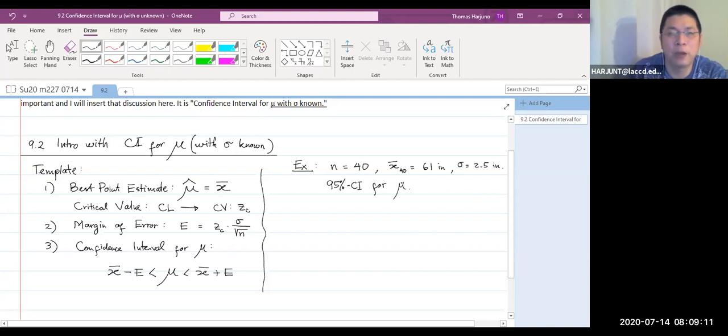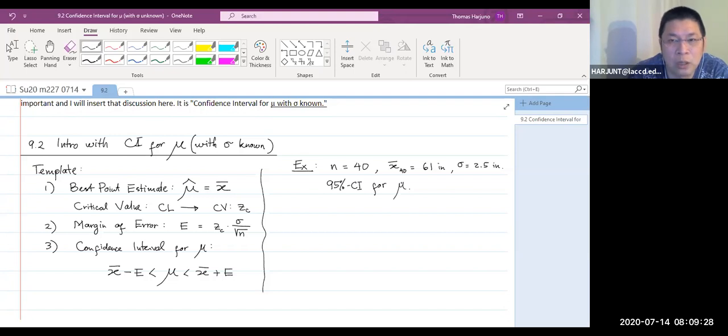So let's say we have 40 adult students from West LA College, and the sample mean of their height, the average of these 40 students' height, is 61 inches.